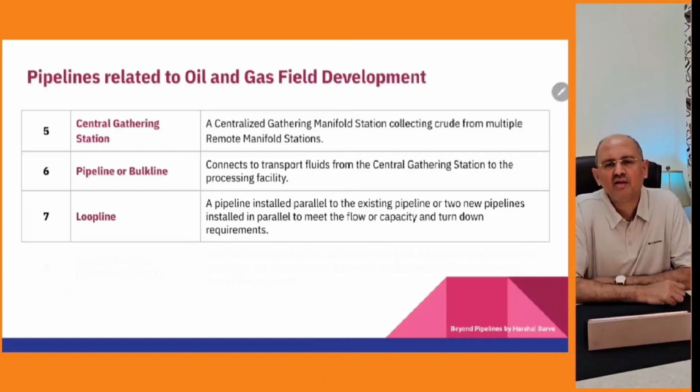So what happens from the pipeline capacity perspective is that initially there will be lesser flow through the bulk line as the number of wells is going to be less.